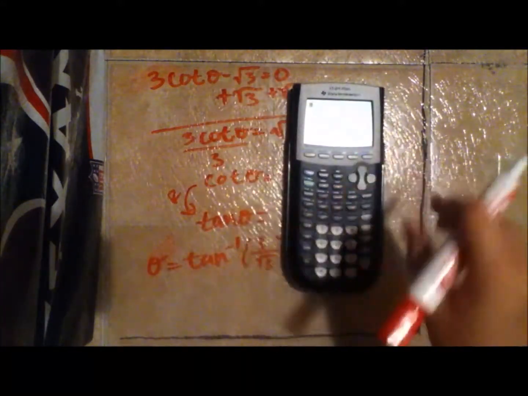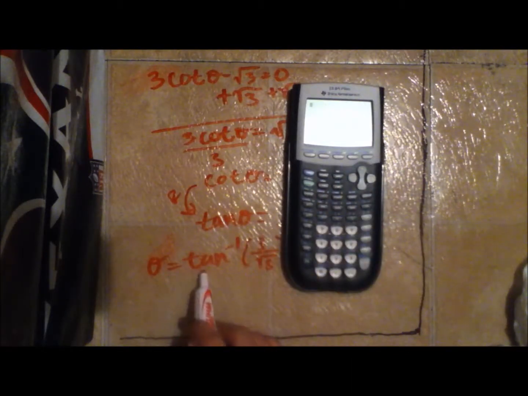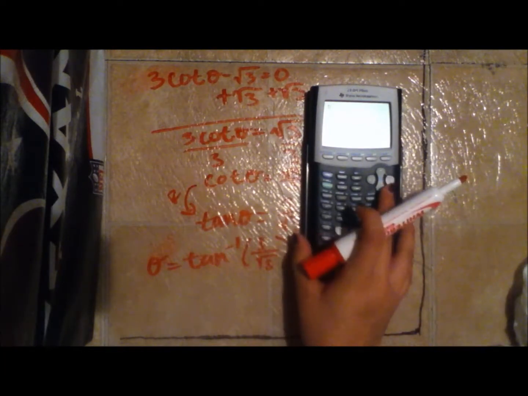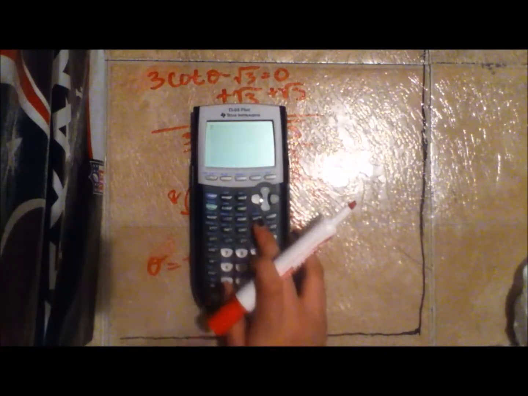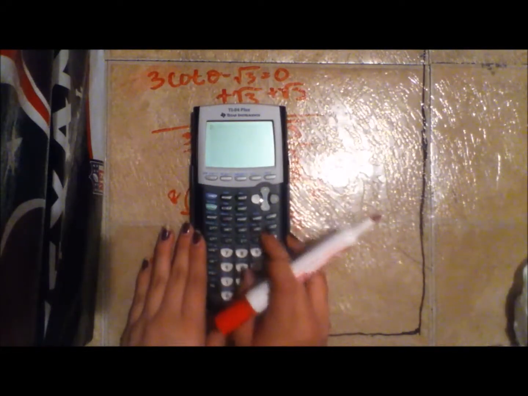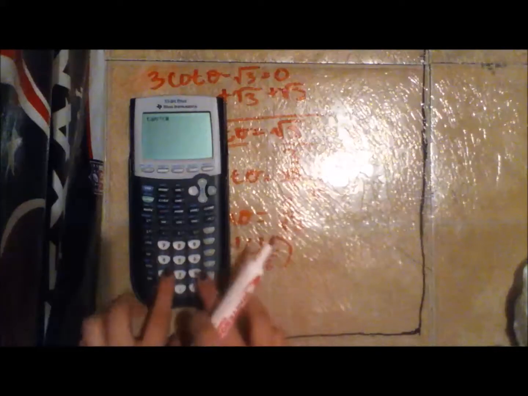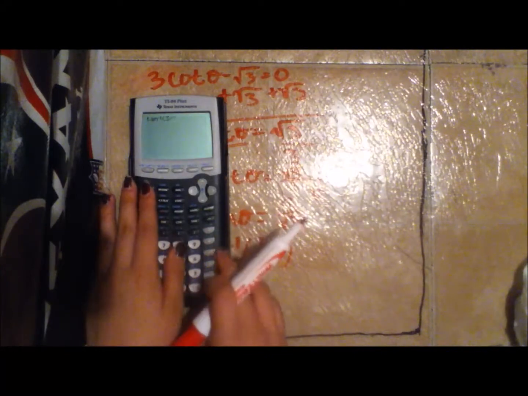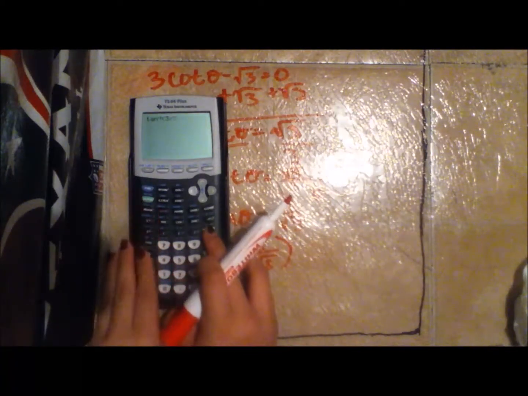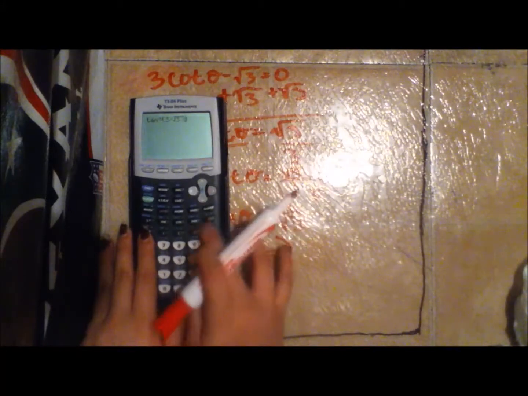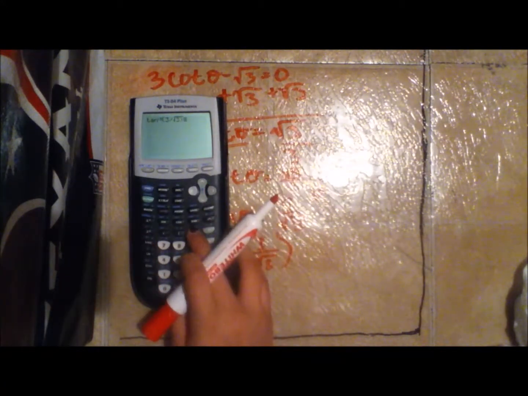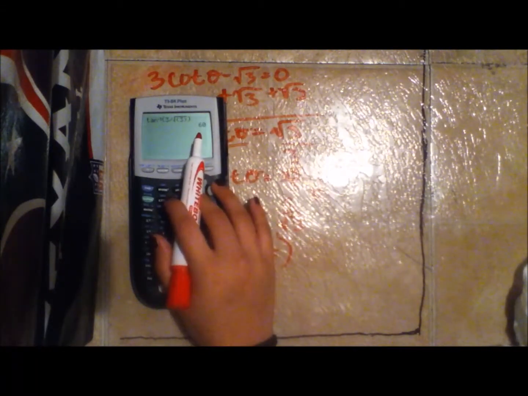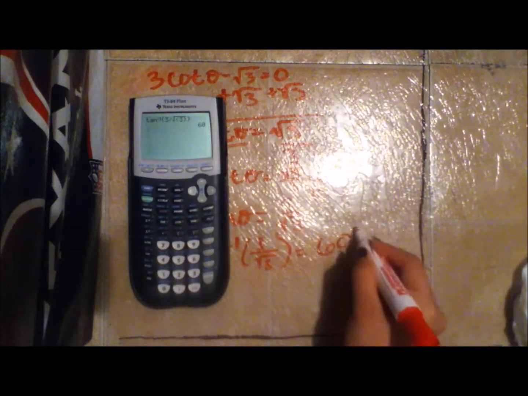Then plug in tangent to the power of negative 1, using second tangent, and plug in 3 divided by the square root of 3, and remember to close parentheses. So you will get 60 degrees.